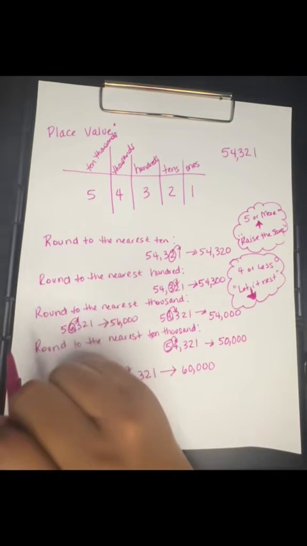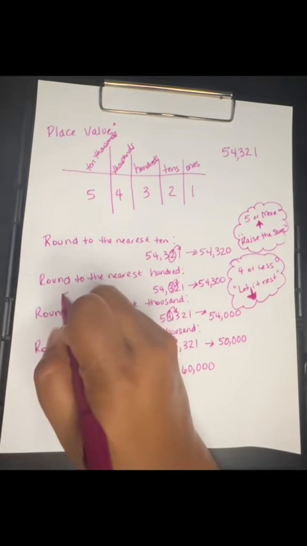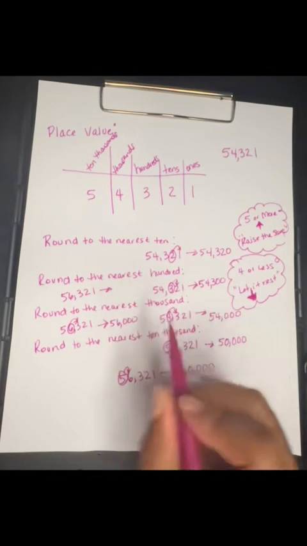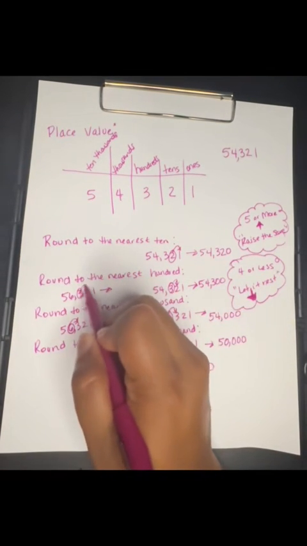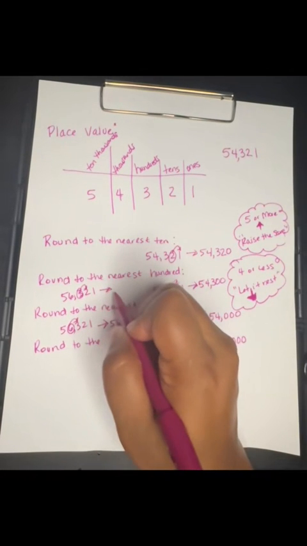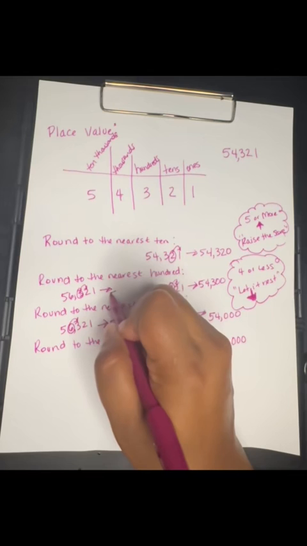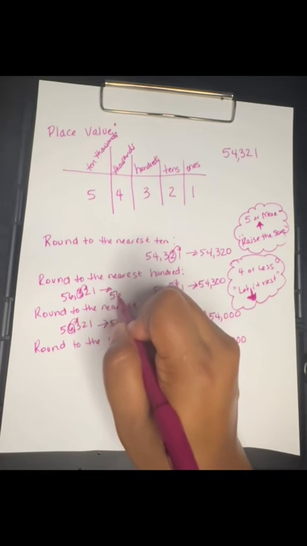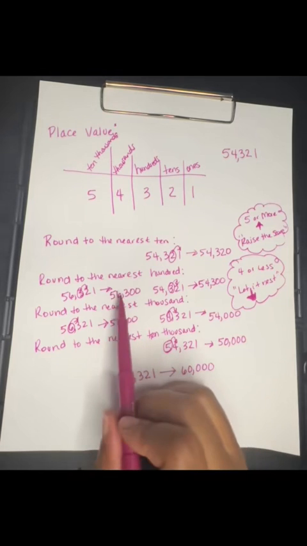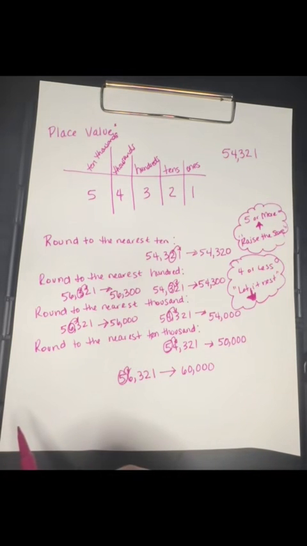Let's go down to the nearest 100. 5, 6, 3, 2, 1. Hundreds place, this would not change. Those digits are still the same, so it would actually be 56,300 since we changed the digit in the thousands place.